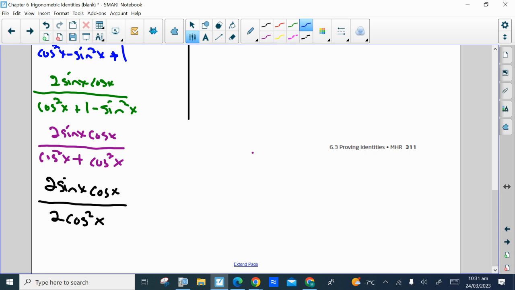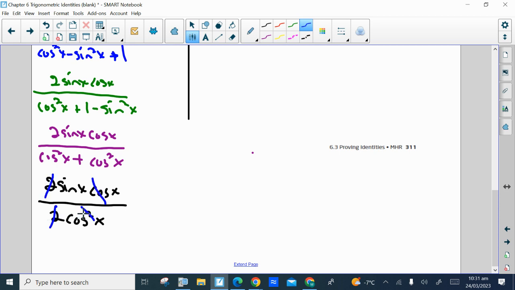And now we can start to cancel. We can divide because we have single factors on the top and on the bottom, or single terms, I should say. On top, we've got 3 factors. On the bottom, we have 2. Actually, 3, because cos squared x is cos x times cos x. But we can divide top and bottom by 2.